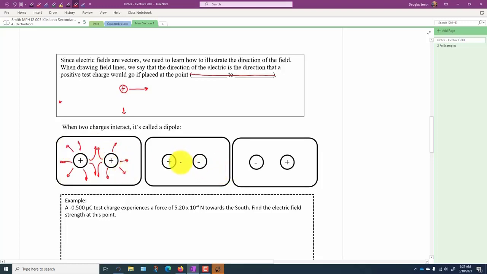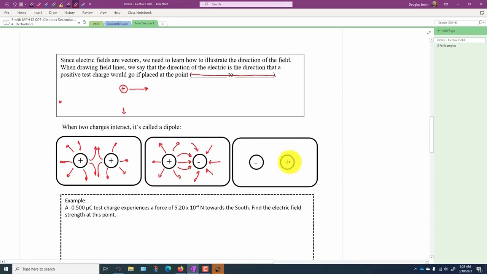These ones will attract, so this will be like this. Just go straight across. These ones go the other way. Those go away. Something like this.